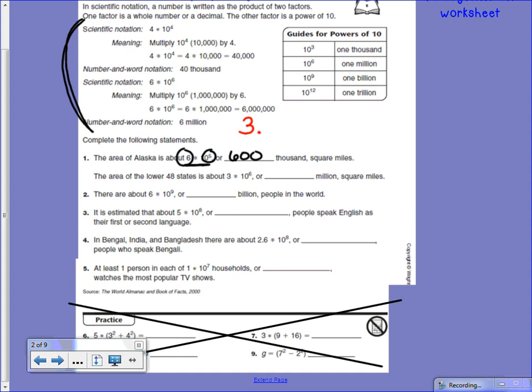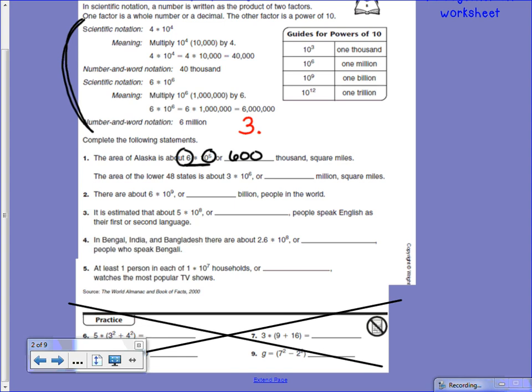Why can I put a decimal there? You got it. You're right. If there's not a decimal here, where do you know it is? Right behind. Perfect.